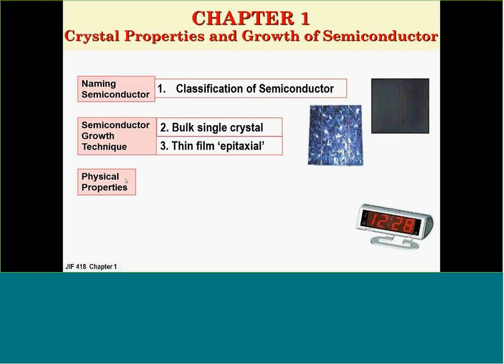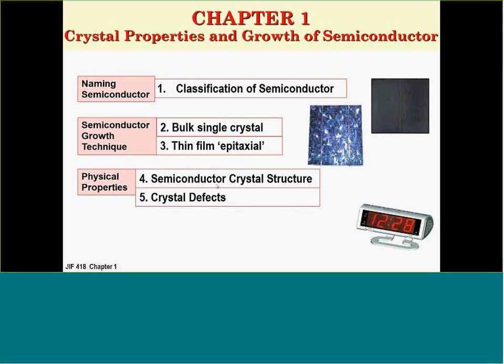Lastly, if we have the time today, we will cover the physical properties, basically the main semiconductor crystal structures, and also crystal defects, a topic which is missing in your textbook. But I guess you have learned about crystal defects in JIF 104 in your first year.